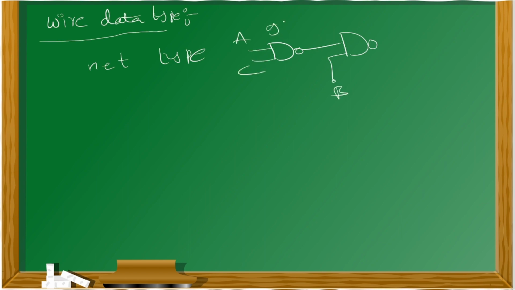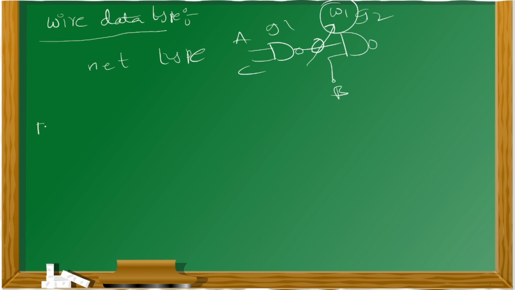This is the G1 gate and this is the G2 gate. In between these two gates, the output of the G1 gate is connected to the input of the G2 gate. How is it connected? By means of one wire. This is a wire data type, and I am declaring it as W1. So the wire data type is used to connect two gates: one gate's output and another gate's input.